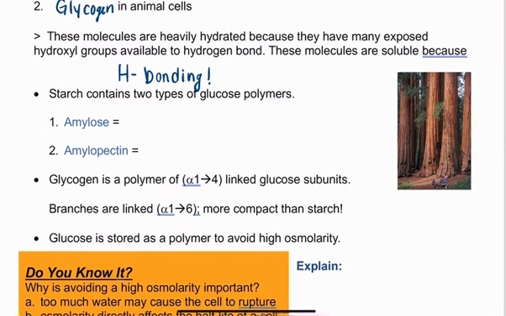Starch contains two types of glucose polymers. There's amylose and amylopectin. Amylose is long, unbranched, and connected by alpha 1 to 4 linkages.